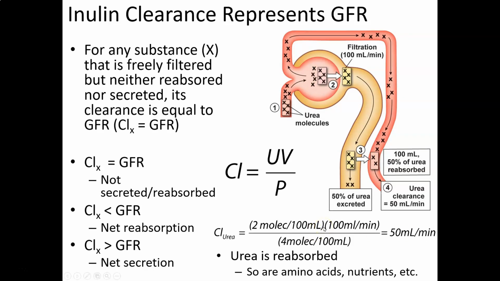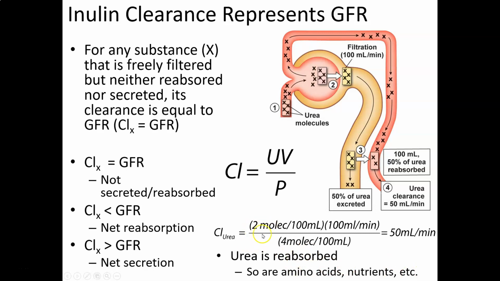Now, you could do a similar calculation for urea. And urea is something that you would think would be a substance we would want to get rid of. Urea sounds kind of nasty, and you'd think, I don't want to keep urea, I want to get rid of it. Well, if you're not sure, which we're not, as you'll see in a second, at least I wasn't when I first saw it.